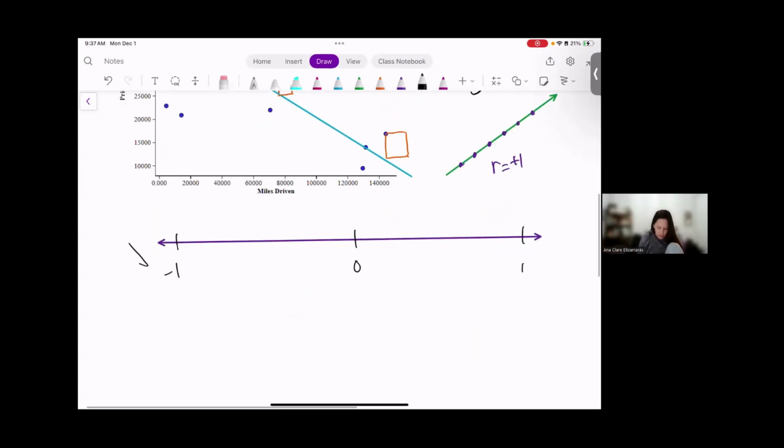So a -1 means, not that it's a bad thing, negative just means that the linear regression equation is negative. That means that higher X values are associated with lower Y values. So the more miles you drive, the lower their car cost is. So this is a negative association. And in a situation with -1, particularly, that means that every point is on the linear regression line.